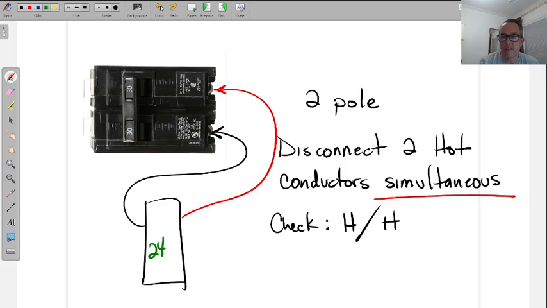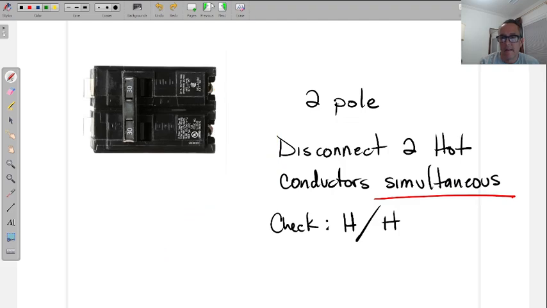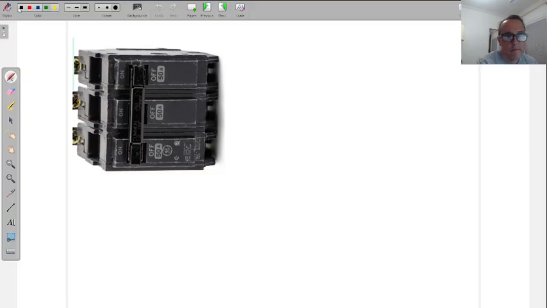All right, so checking these, hot to hot. And now a 3-pole breaker. These are for 3-phase motors. Any kind of 3-phase machinery will get a 3-pole breaker. Here again, now you're going to shut off 3.